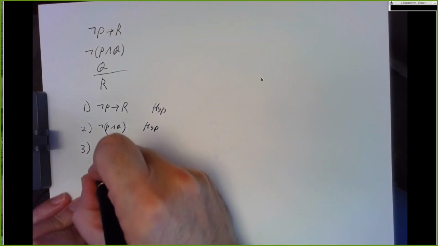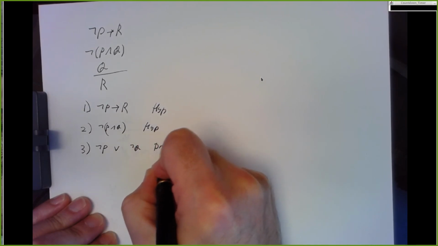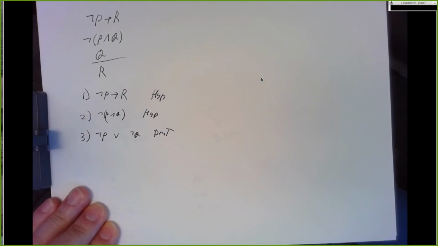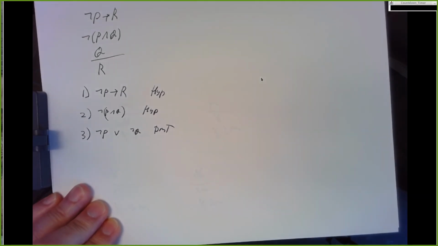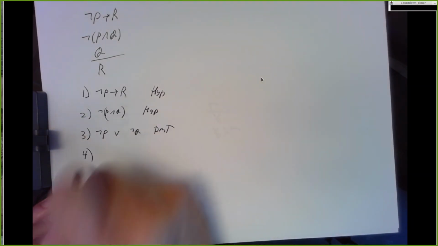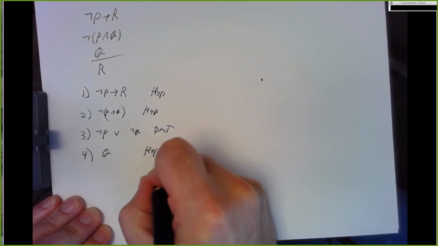And then I'm going to throw De Morgan on here and say not P or not Q. Why? Because De Morgan's always fun. Well, we also know that Q is true. That's a hypothesis.